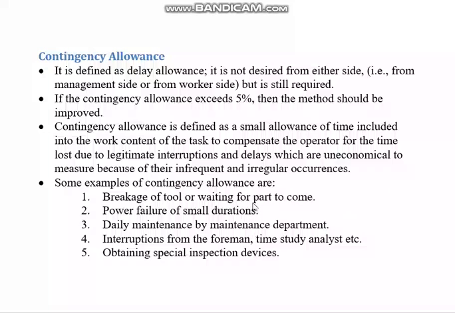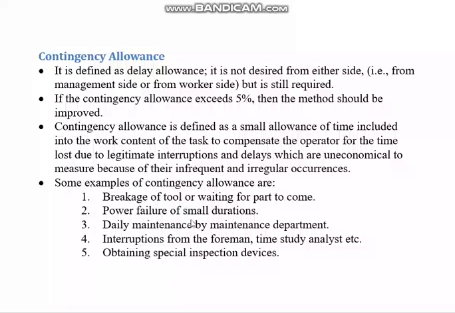This person is waiting for that part, or the tool has broken and he has to replace it. He has to get the tool from the supervisor's custody, and he has to fix it. Some time is lost in that; such type of allowance is contingency allowance.